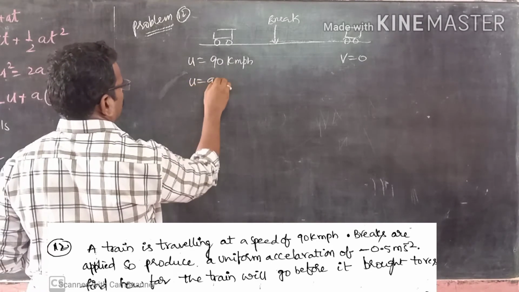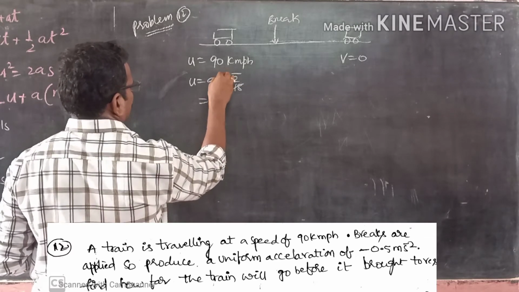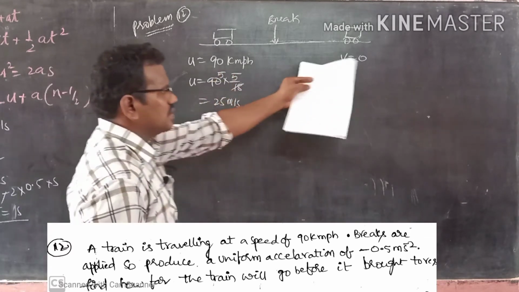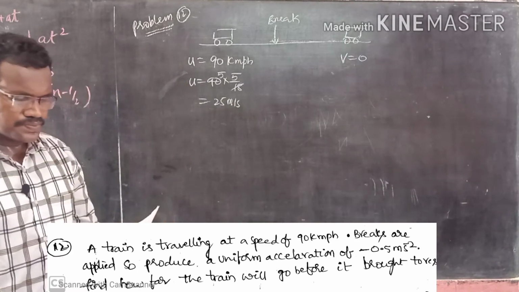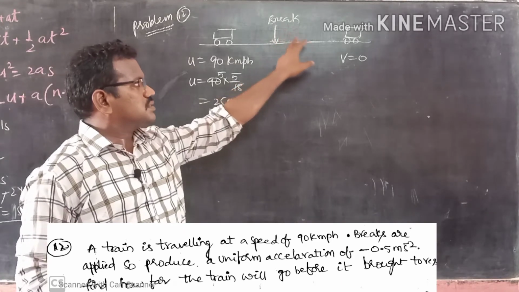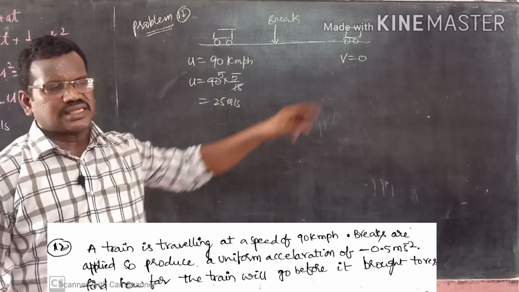So u is equal to 90 into 5 by 18, which is 25 meters per second. So final velocity becomes 0. Then see, after applying the brakes, the acceleration gradually decreases, so it becomes negative acceleration.